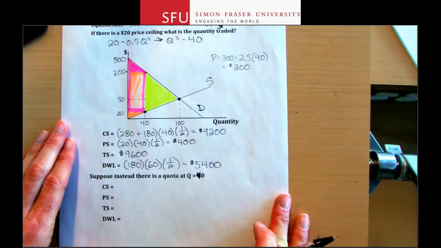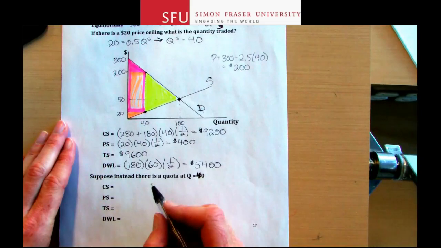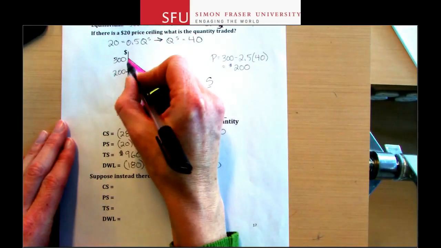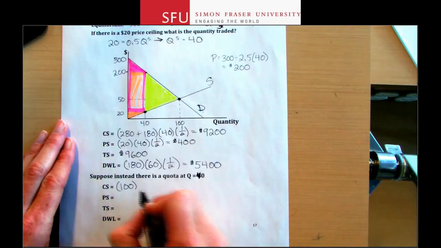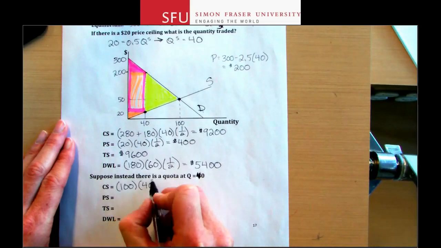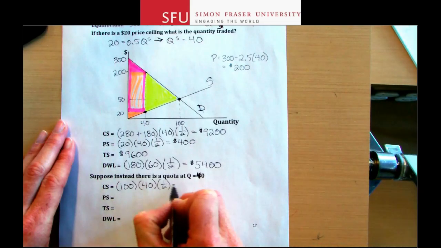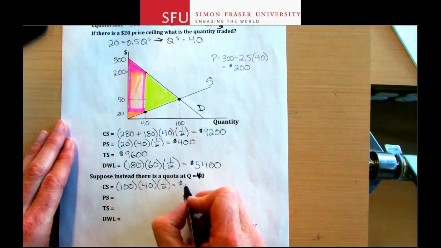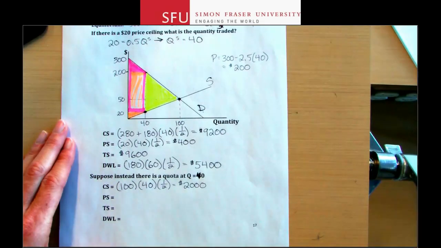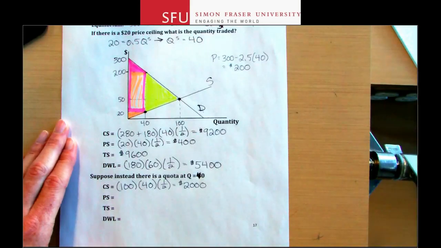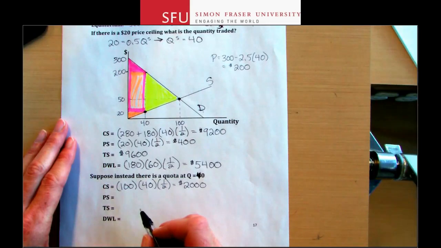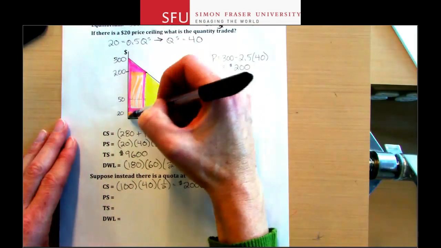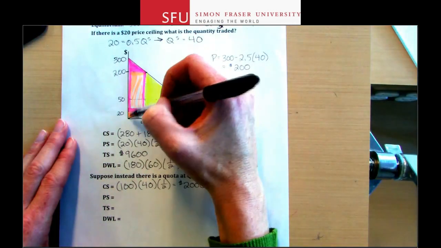All right, so consumer surplus, triangle, so height, 300 minus 200, so 100, times the width, 40. And then producer surplus, now use a trapezoid formula for that one. Let's see, height 1 is 200, right? Because it goes from 200 down to 0.